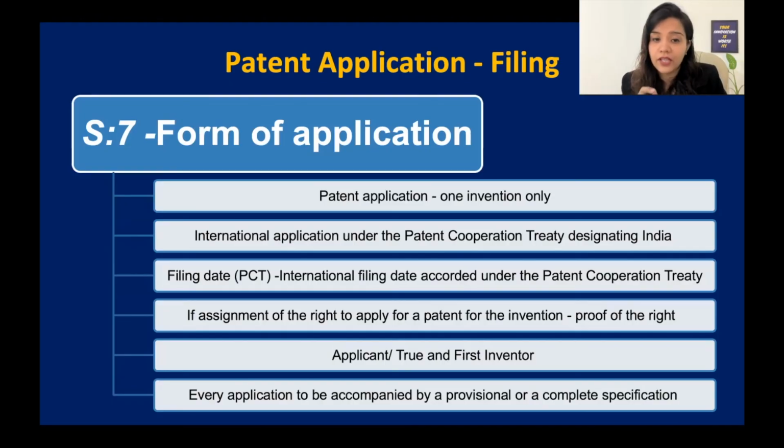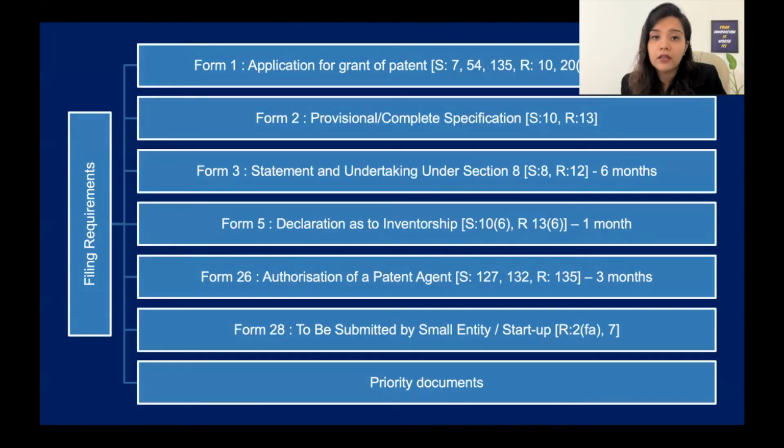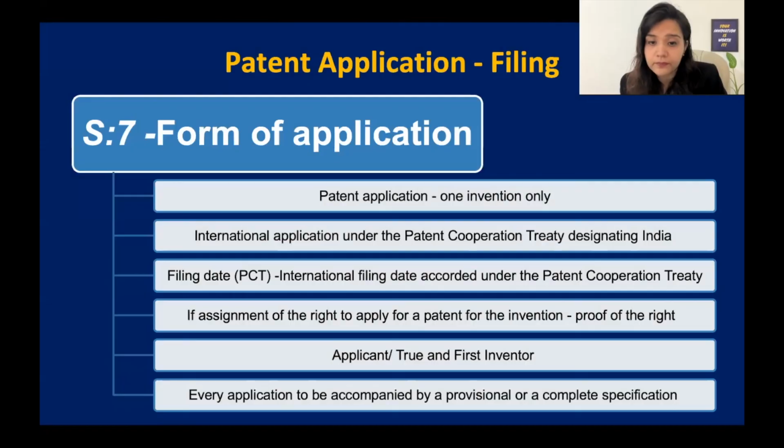If there is any assignment of the right to apply for a patent, then proof of right has to be given. Like I just told you, if I am an employee of an organization, the organization can give the employment agreement, and proof of right is always submitted under Form 1.